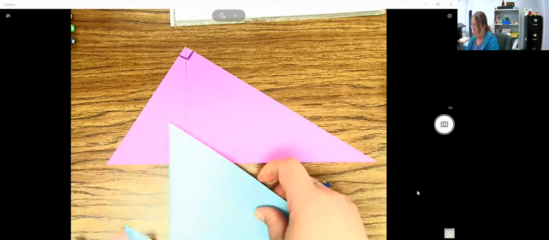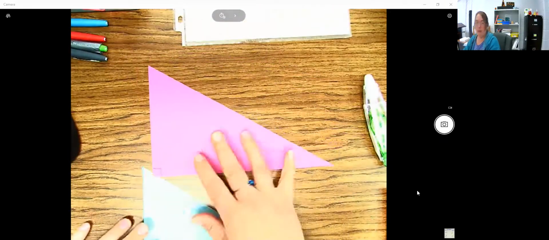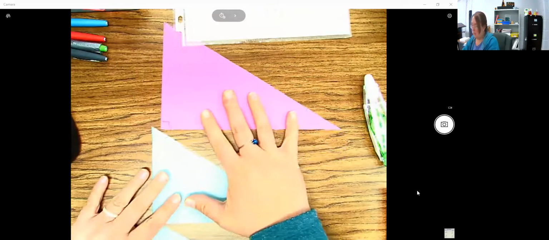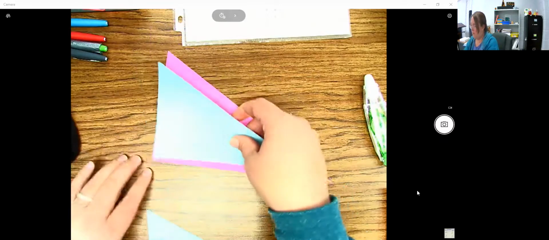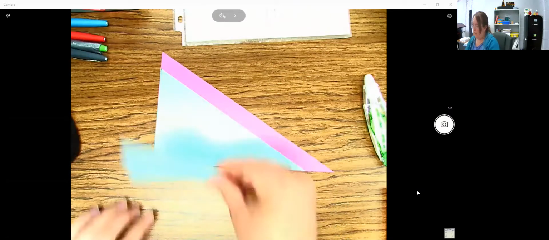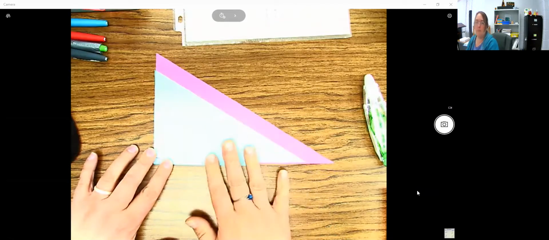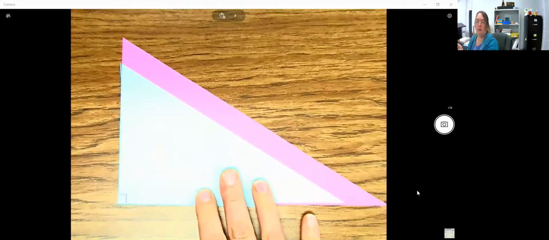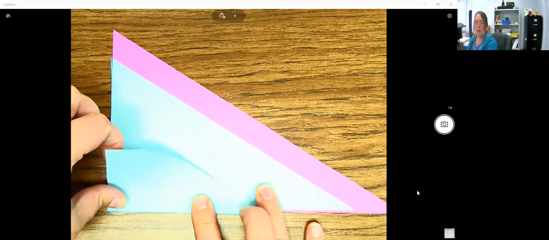So if I pull them all apart, a little bit more here. If I pull them all apart, then I can line them all up, and you can see that they are all similar triangles. That one's not as easy to see. Maybe if I zoom in. Should have been a different color.